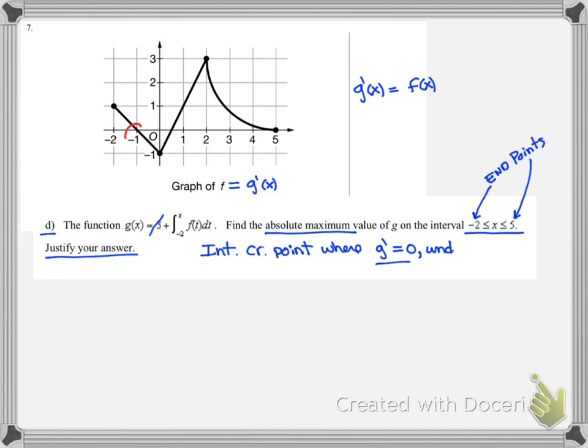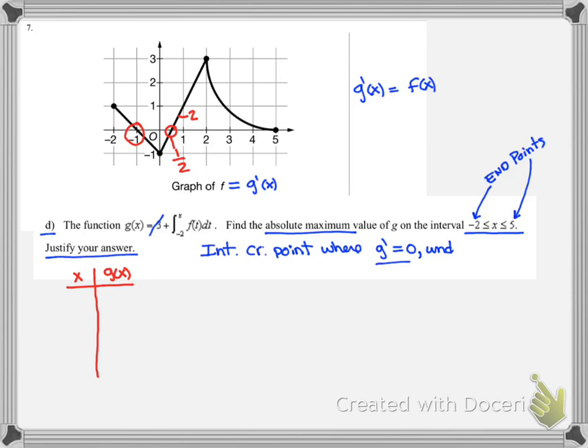Well, it's 0 right here at -1 and right here at a half. Why can I tell it's a half exactly? Because I know the slope of this is 2. So that x value is going to be a half. So I'm going to be looking at all of these x points, and then I'm going to need to know, hey, what was g of x, so that I could see what was really the absolute maximum.